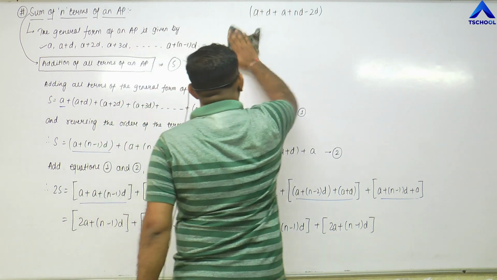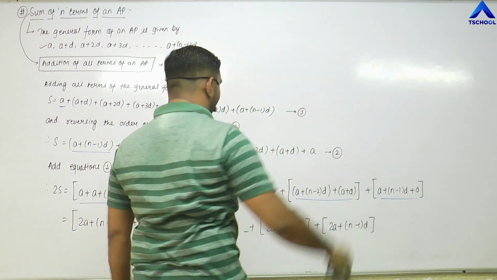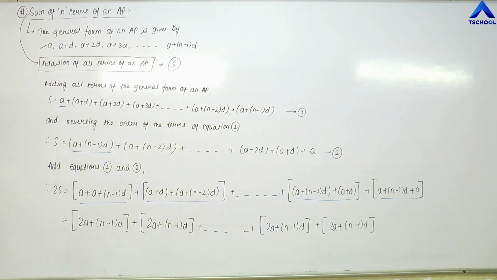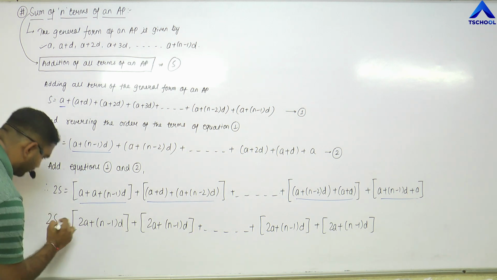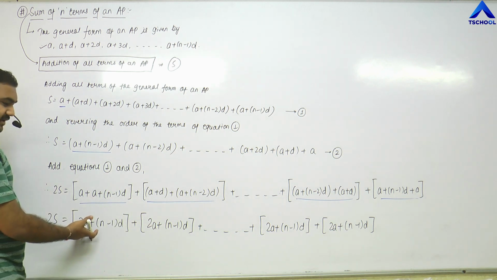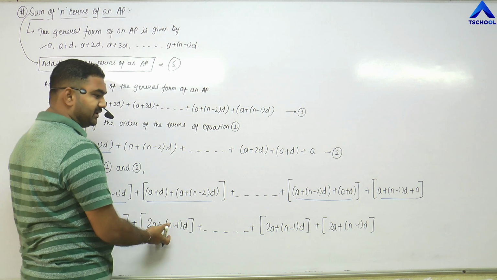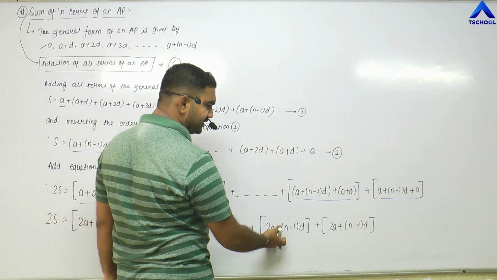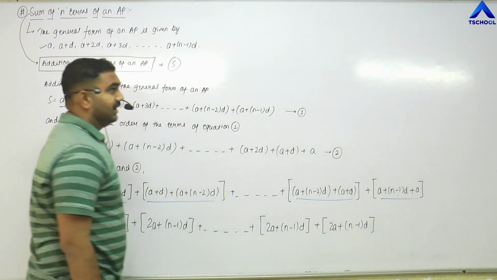So friends, you can see here that when we added the first and second equation, all the brackets or all the terms in the new equation here, that is of 2s, we got same, all the terms are same, 2a plus n minus 1d, 2a plus n minus 1d, 2a plus n minus 1d up to last, right?